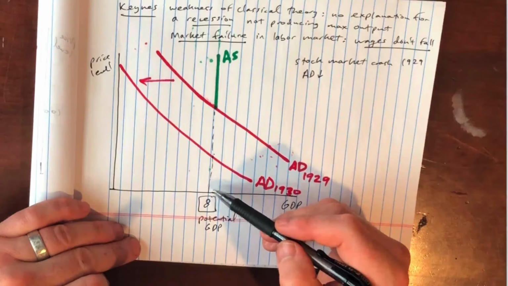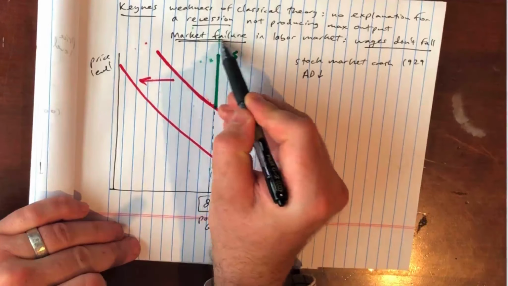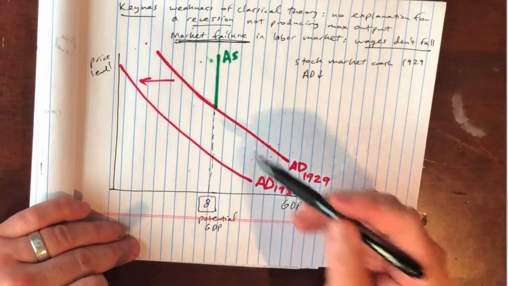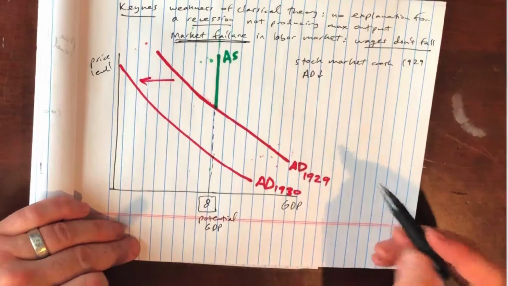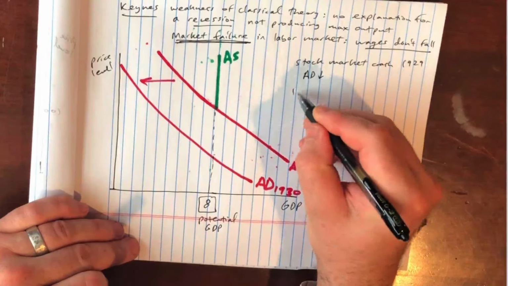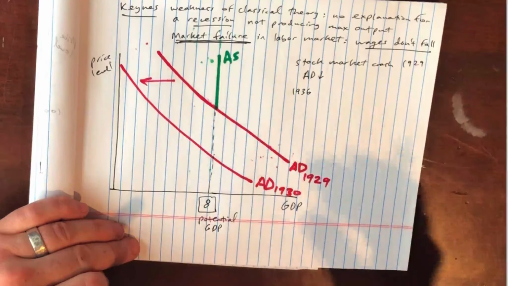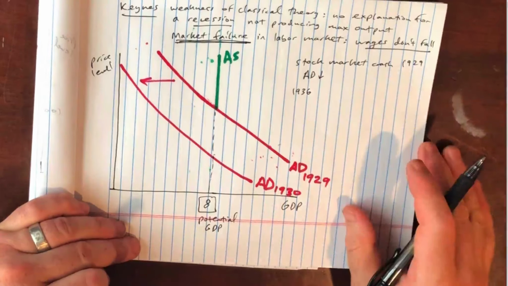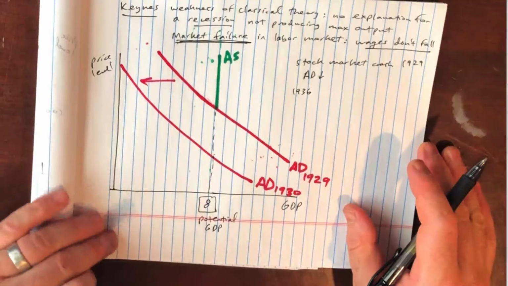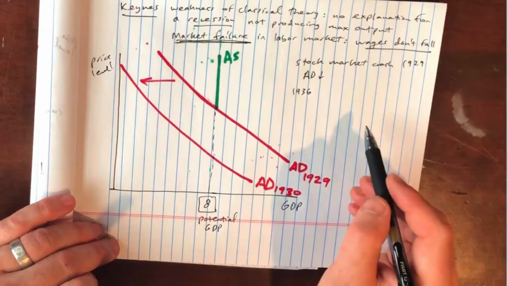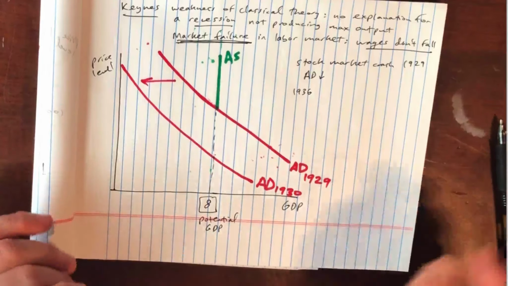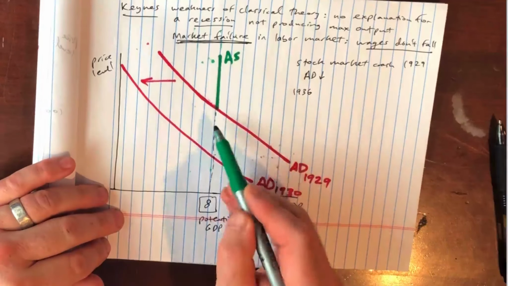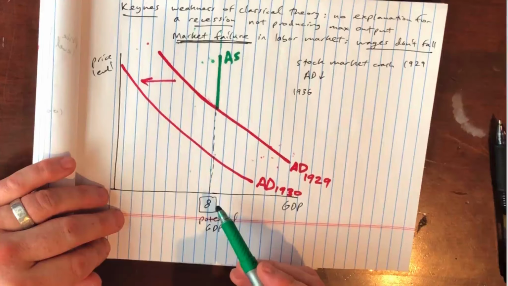But Keynes puts a lot more stock in this, right? He says it's obvious what's happening. There's market failure. Markets cannot adjust. Now keep in mind, Keynes is writing this in 1936. It's been several years now. If markets were going to adjust, they would have adjusted, right? They were not able to adjust to this, and they show no signs of being able to adjust. And so the suggestion is, maybe it doesn't make sense to consider the aggregate supply curve to be fully vertical.